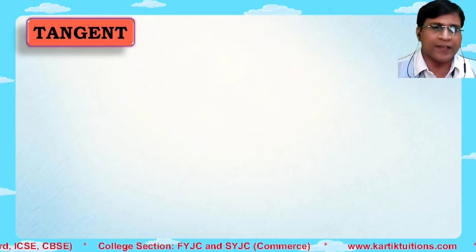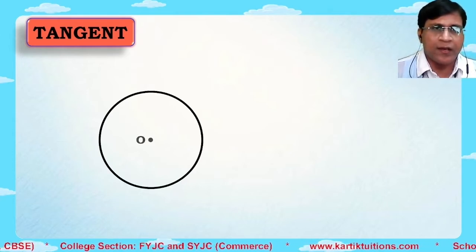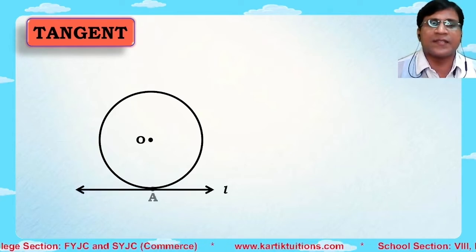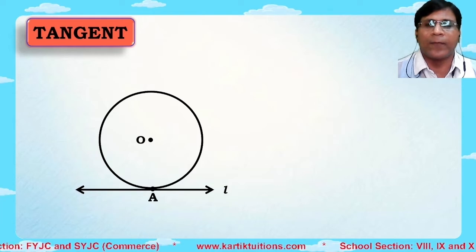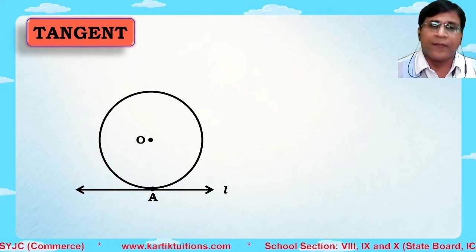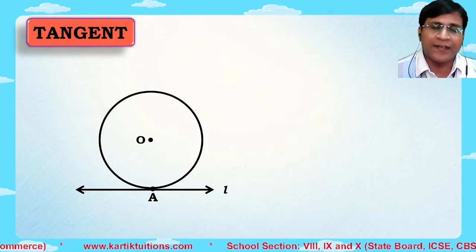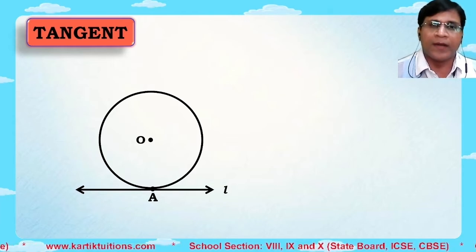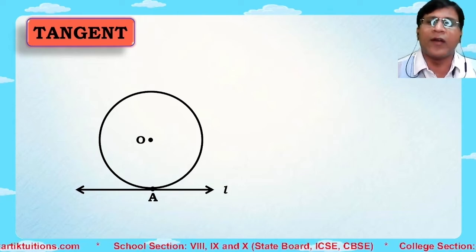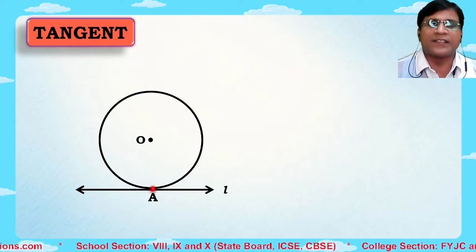Now tangent, what is a tangent? See here, I have a circle with a center O. Now I take one line which is touching the circle at one point A. Now understand the difference between this and secant. In secant, the line L was intersecting the circle at 2 points. But here, line L is touching the circle at only one point, and that is why it is called a tangent.